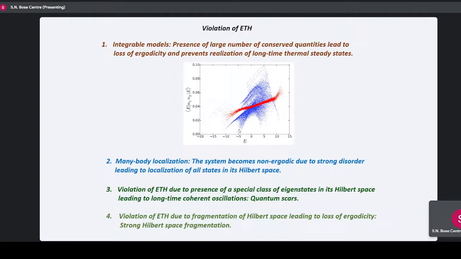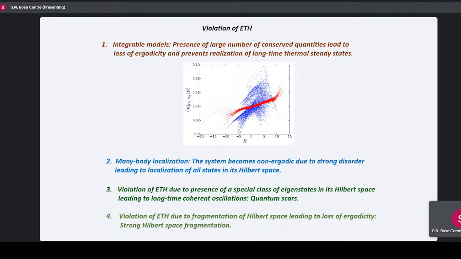One of them is of course integrable models, because the presence of a large number of conserved quantities will violate ergodicity and therefore violate ETH. The second one is many-body localization, provided it exists. The system will become non-ergodic due to very strong disorder. I'm not going to talk about these two. What I'm going to talk about is a more subtle aspect of violation of ETH, which can occur due to a special class of eigenstates in the Hilbert space.